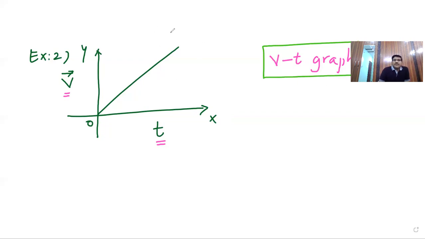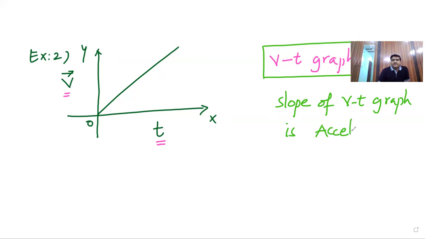Now, the slope of the VT graph is acceleration. Yes. Now, observe the slope.